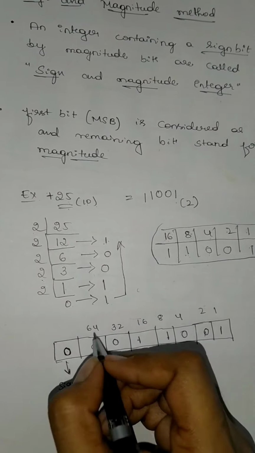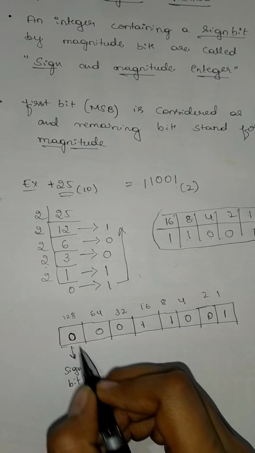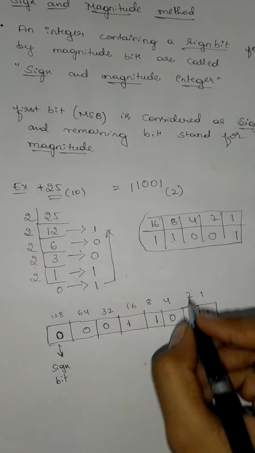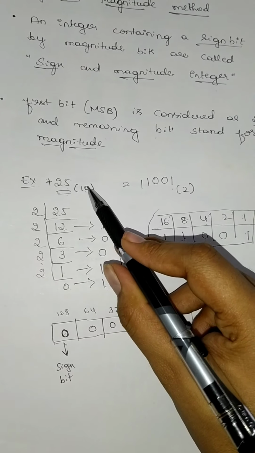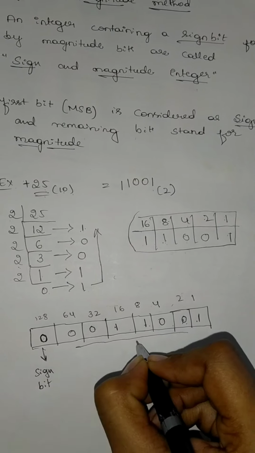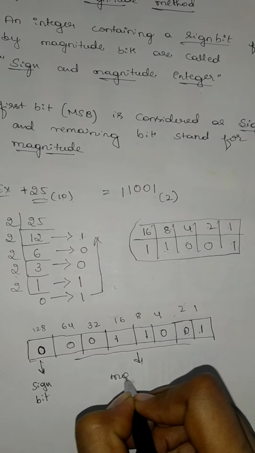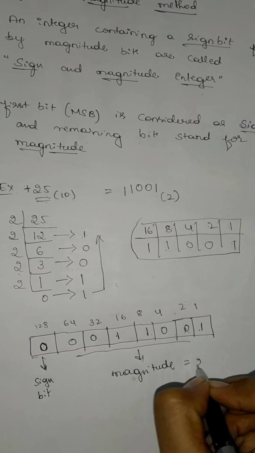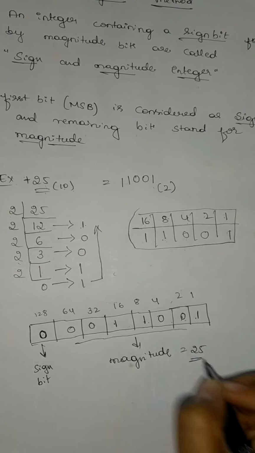This is the most significant bit which is used to represent the sign bit. So this 11001 indicates the value of 25. Okay, so the remaining values will be considered as magnitude. Magnitude equals 25, and that is positive.